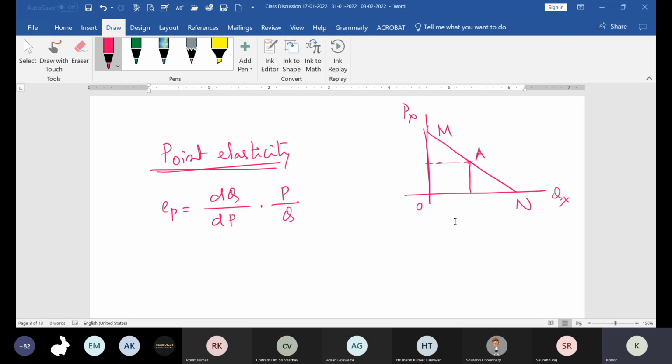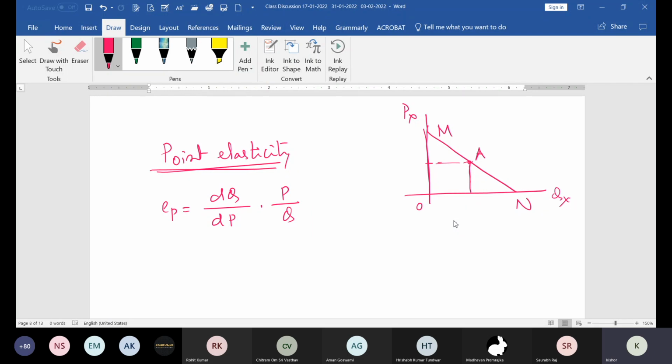But in certain books, you may find people using an extra negative sign, because when you measure elasticity at a particular point, as the demand curve is negatively sloped, this first order derivative is negative.